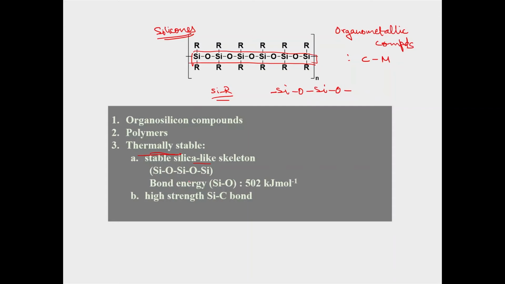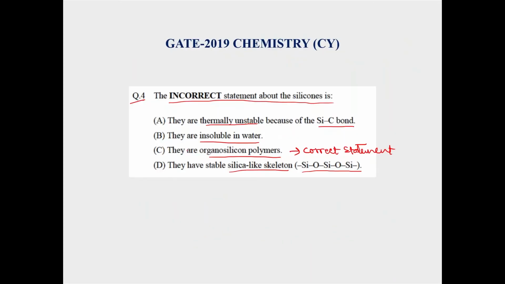That is because the bond energy of silicon and oxygen is very high, 502 kilojoule per mole, and this thermal stability also arises due to the high strength of the silicon-carbon bond. So the option that they have stable silica-like skeleton is also correct.